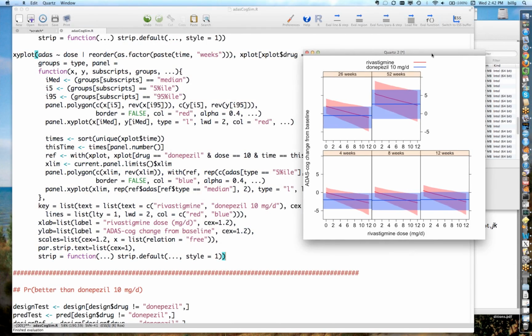These are great things to show to a given audience, but if I want to say that the probability of being superior to donepezil 10 milligrams per day at a certain dose is such and such, that's not an easy thing to do just staring at this, though you certainly have an idea what doses rivastigmine seems to be better than donepezil and vice versa.